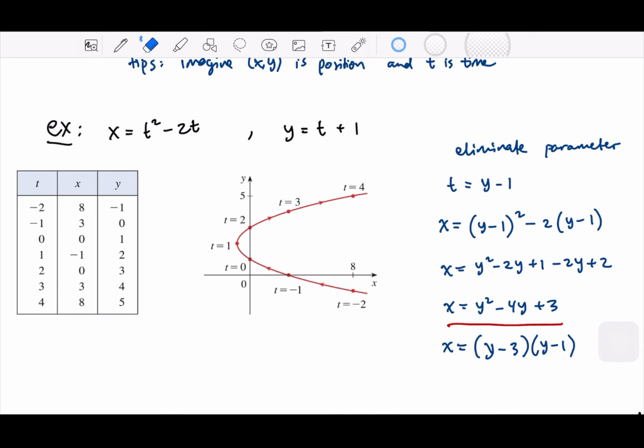So this method, eliminating the parameter, is one way to find what kind of curve the parametric equation has.